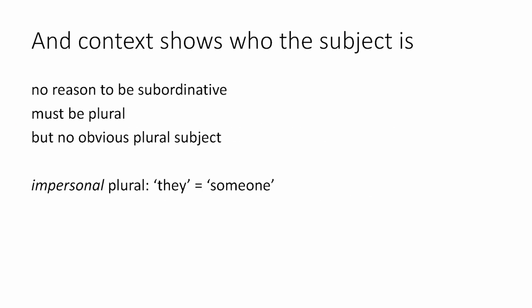Context also tells us who the subject is. Looking at the context, we can see that there is no reason for it to be subordinative, so the u must be plural. But there's no obvious plural subject, so it must be impersonal.